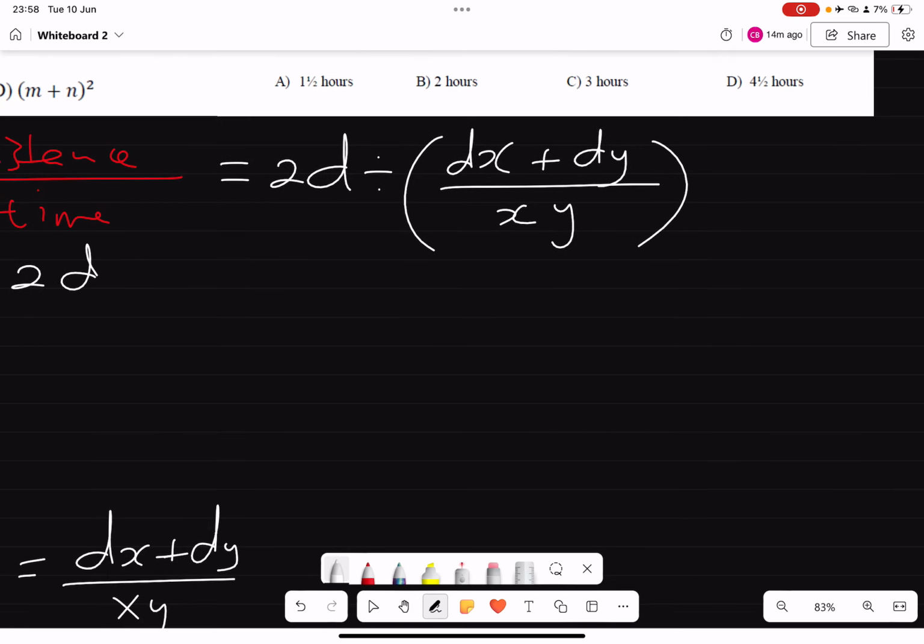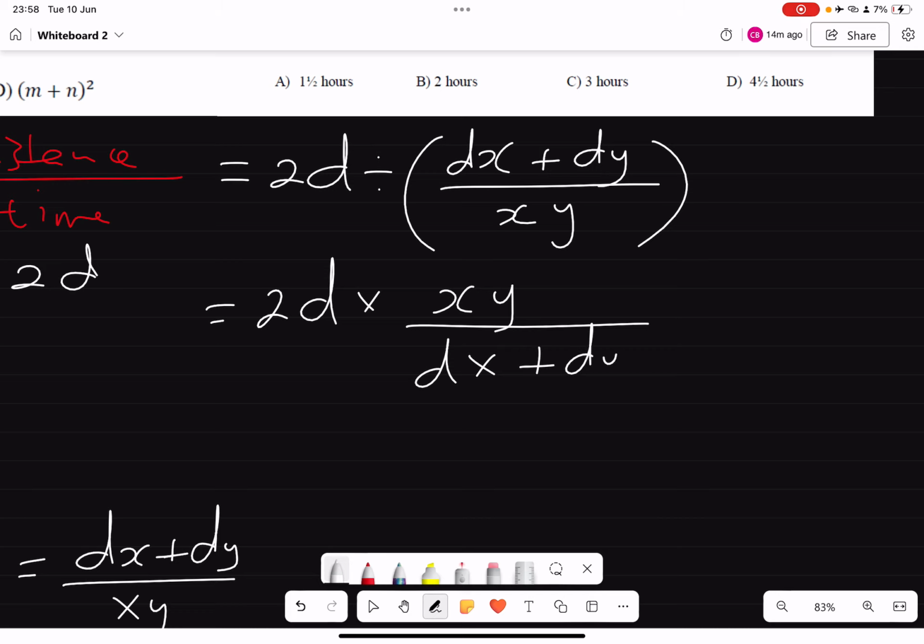And we need to now tip it. So you have 2d, I change the division to multiply, and then I'm going to flip this one here. So xy becomes the numerator, dx plus dy becomes the denominator.